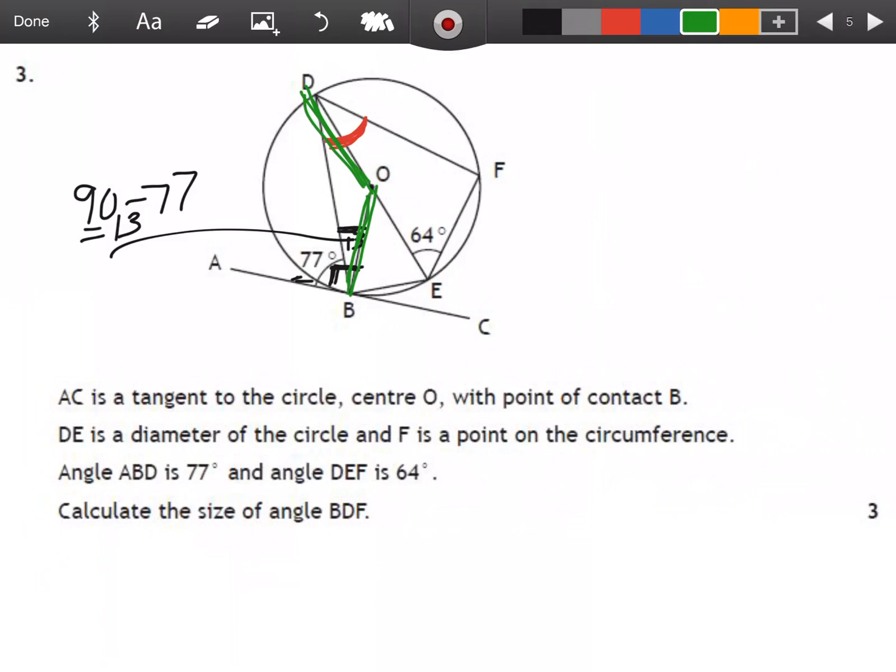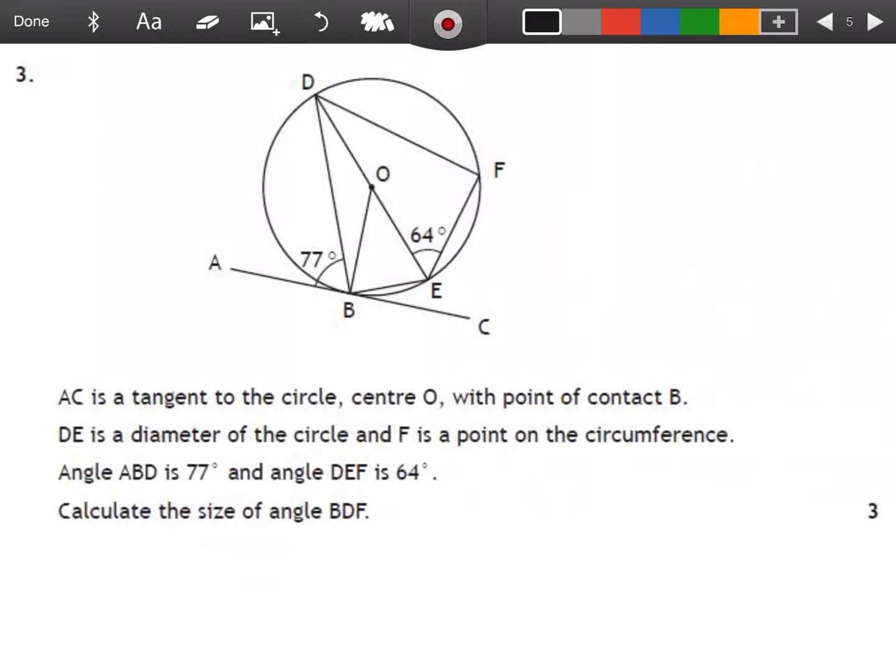There's the triangle. Remember, the radius and the radius, no matter where you draw it, they're the same. So, because I've just put this one in here as 13 degrees, I'm going to clear up a wee bit of this just now. That is 13, so that's 13 as well, because they're both the radius.